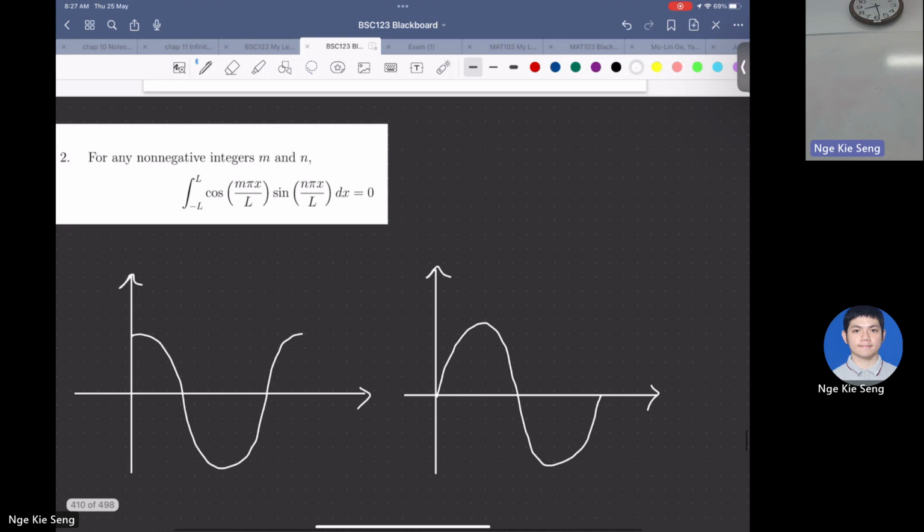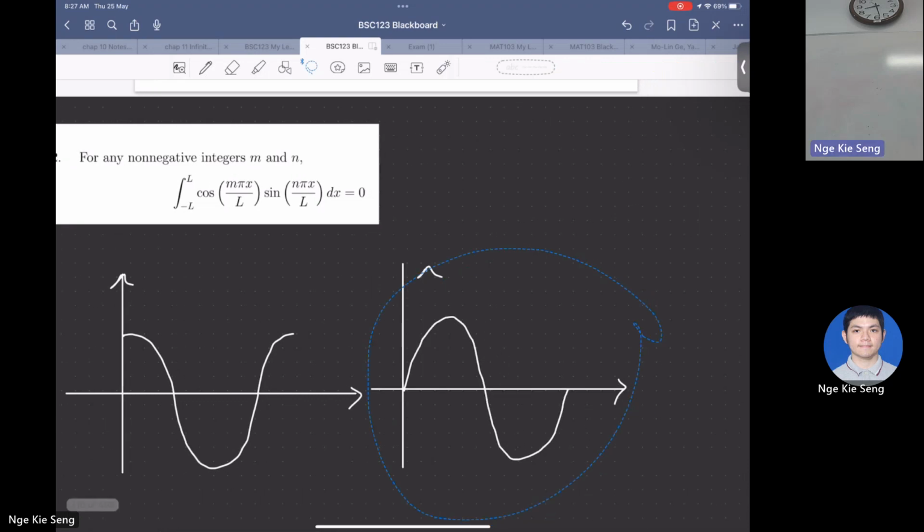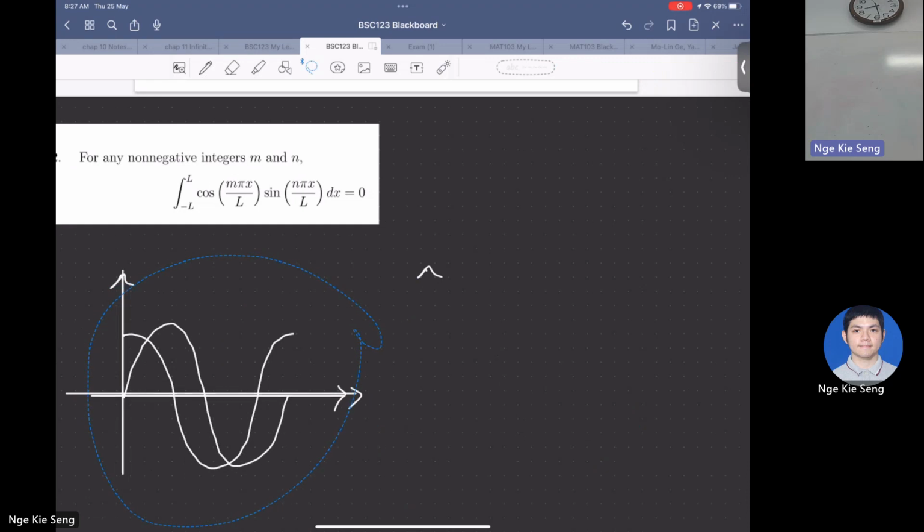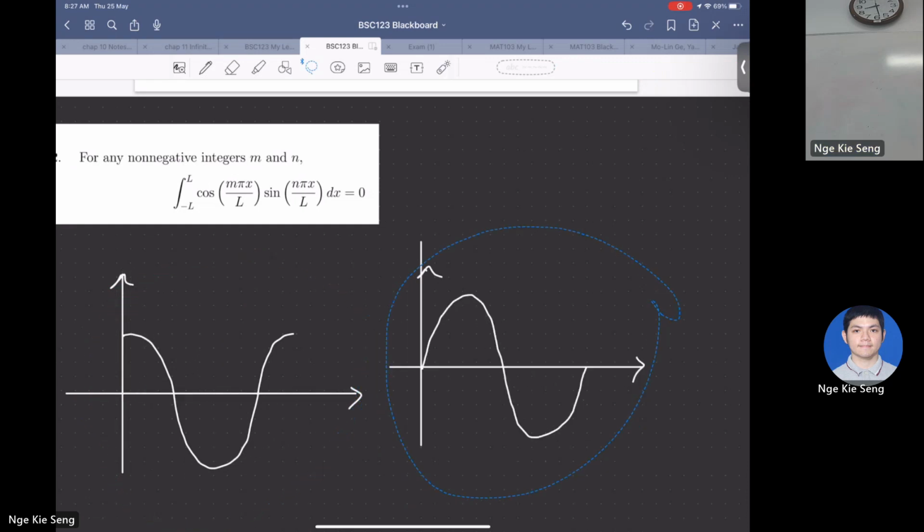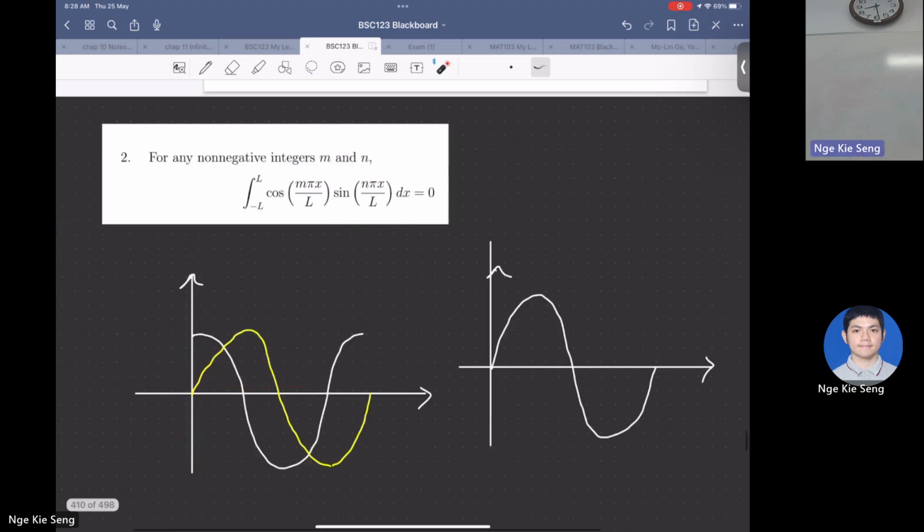This says that if I multiply these two together, somehow when you integrate over this interval, you get 0. This is what this sentence wants to say.